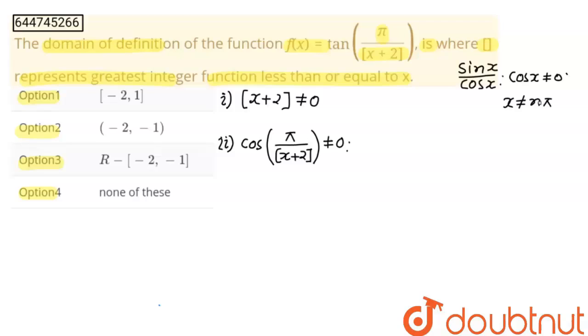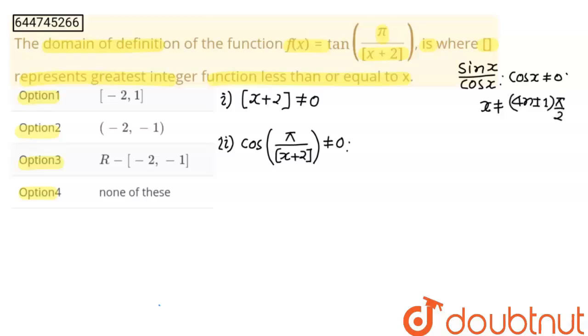Sorry, at n pi this is plus minus 1. So this is (4n plus minus 1) pi by 2. So pi upon [x] + 2 should not be equal to (4n plus minus 1) pi by 2.